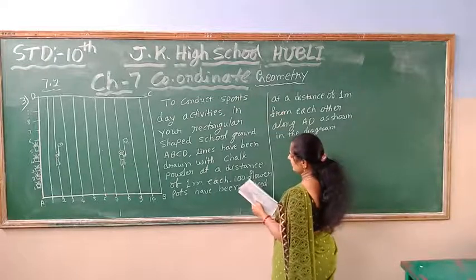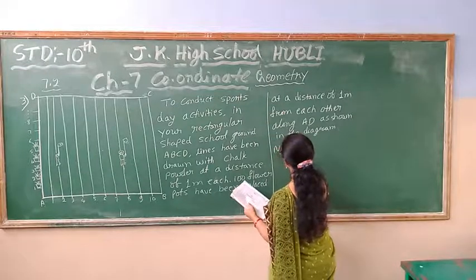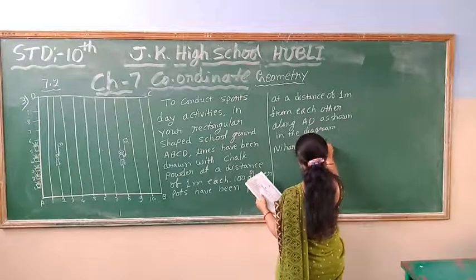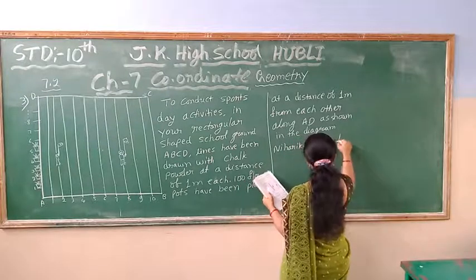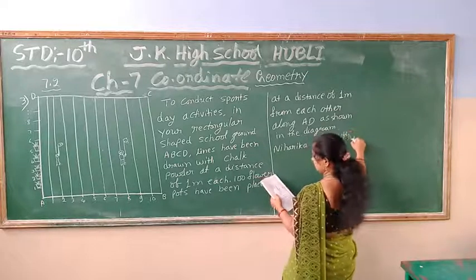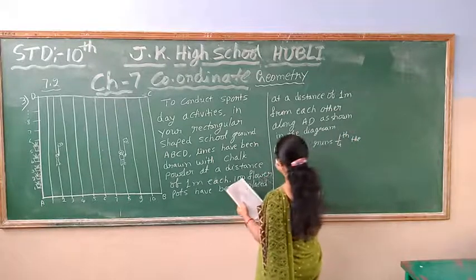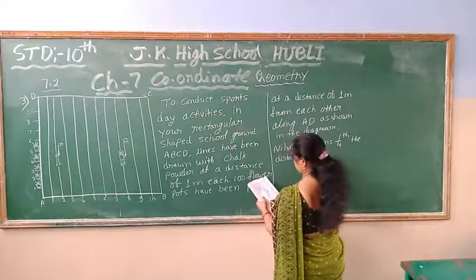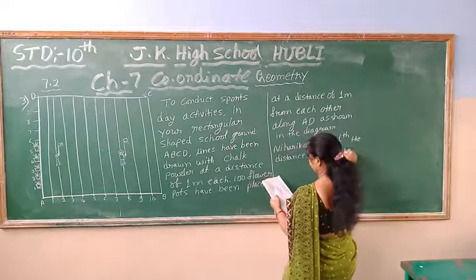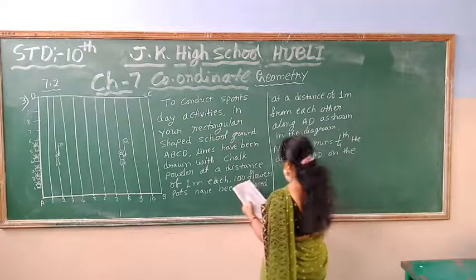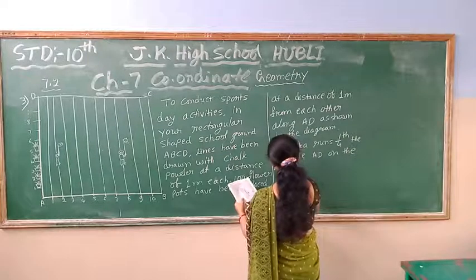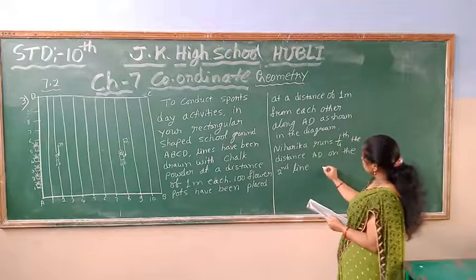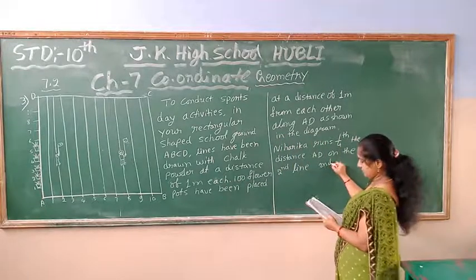And Niharika runs 1/4 the distance of AD on the second line and posts a green flag.